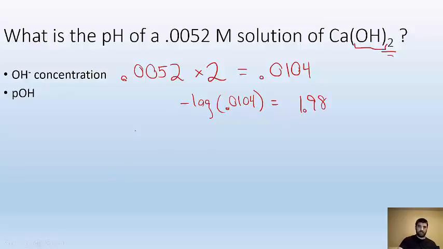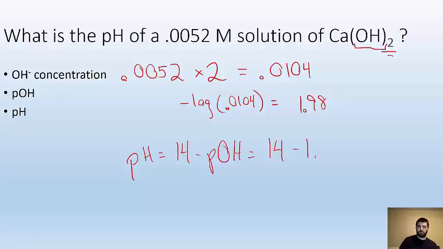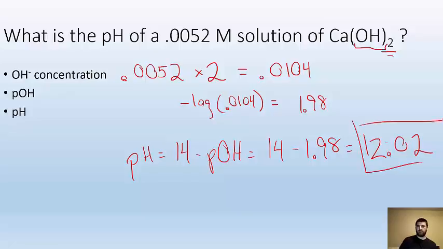So now, last step is to figure out the pH. I know pH is going to equal 14 minus the pOH. So that's going to be 14 minus 1.98, and I'm going to get 12.02 as my pH. And that's how I'm going to do that.